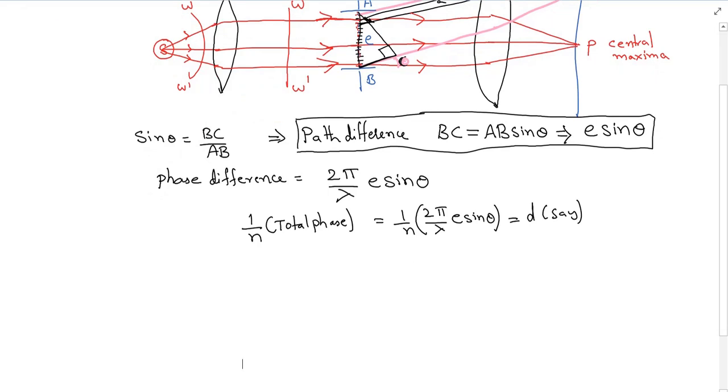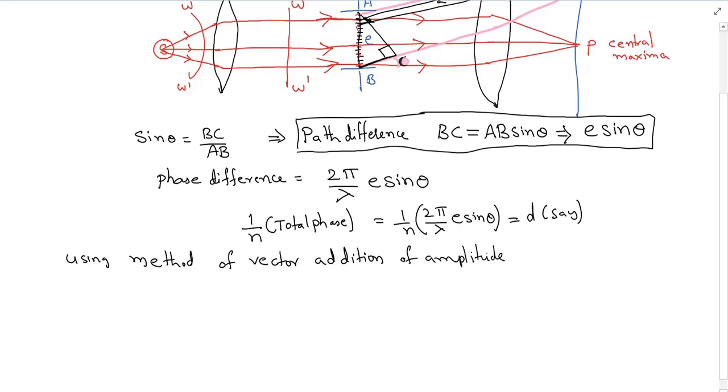Now, using the method of vector addition, for n vectors of amplitude a and adjacent phase difference d, let us try to find out the resultant amplitude.